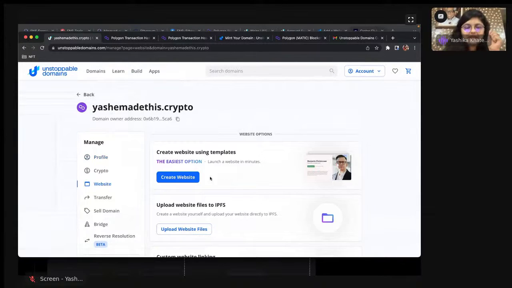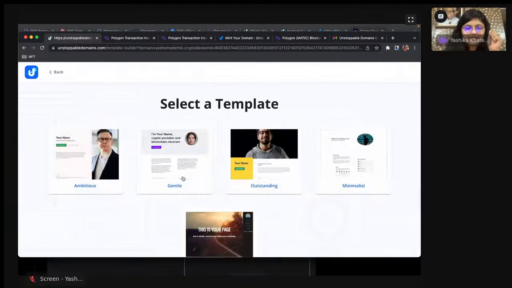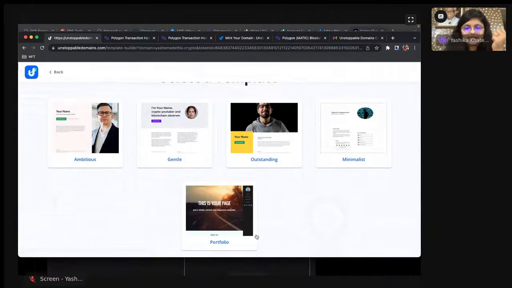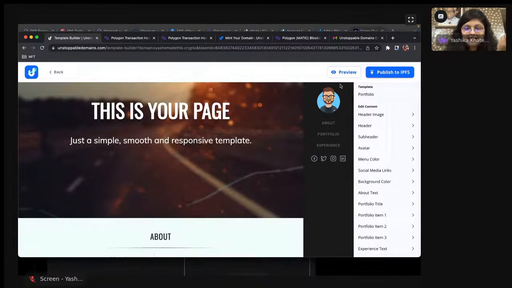So for the website, I can go on create website, and if I wanted to do a personal website, these are the templates that are available. I am a sort of person, I think something like this would explain me more. So I would create my website. I can have my picture here.